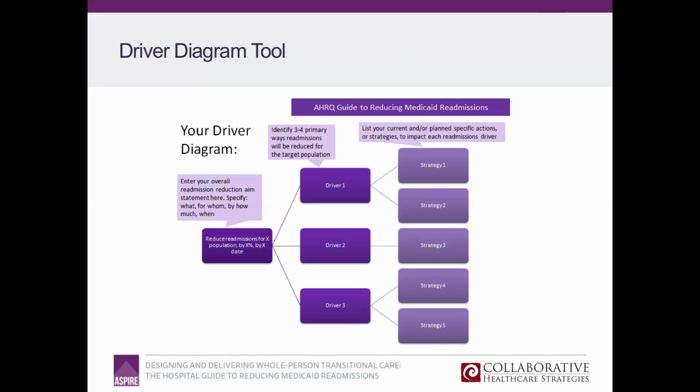And then in the middle, you basically have usually 2, 3, 4 methods that you're going to use in order to achieve your primary aim. And then on the far right of the screen, you're going to see the specific action steps.